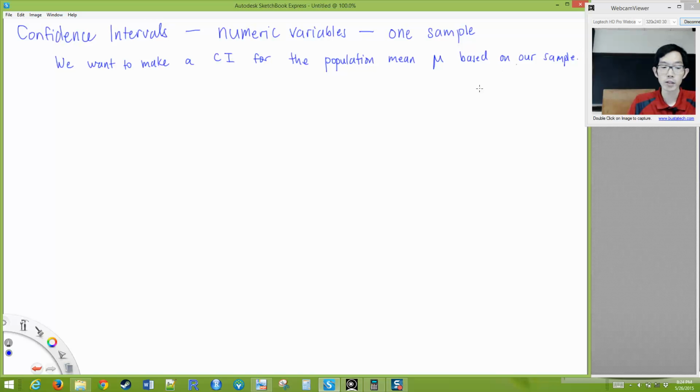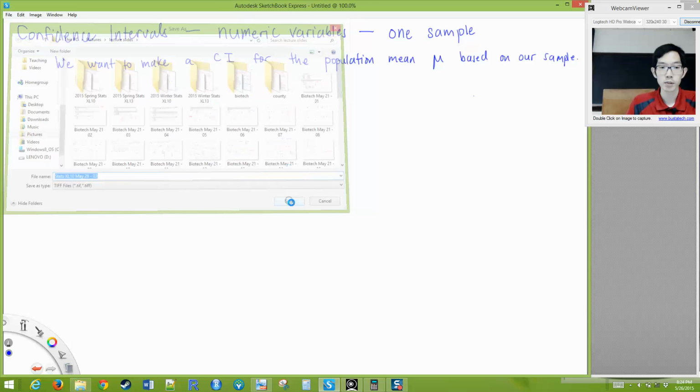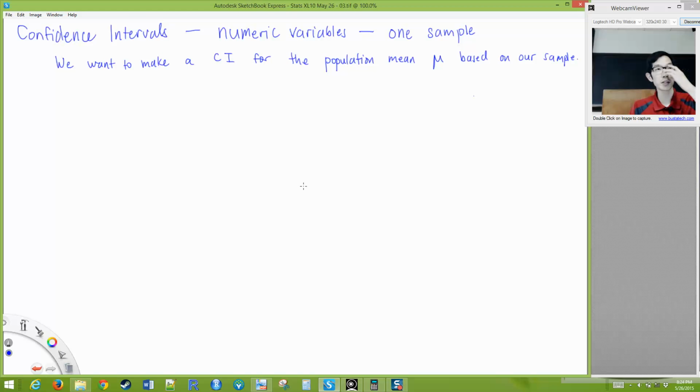Statistics is about making conclusions from limited data. Our limited data is just our sample. We are making conclusions about the population mean mu.